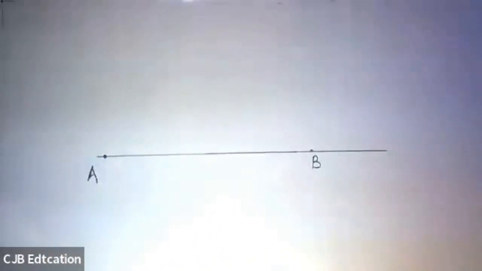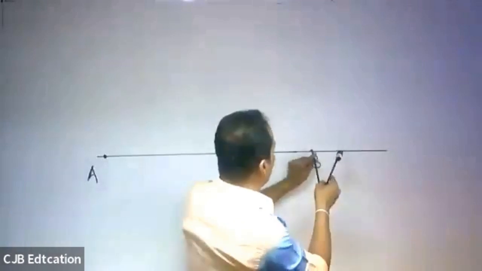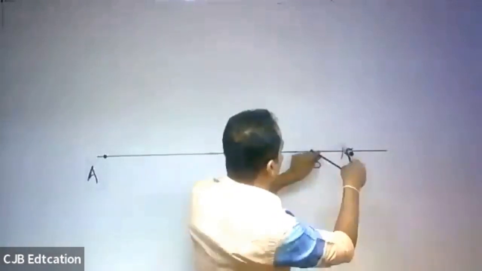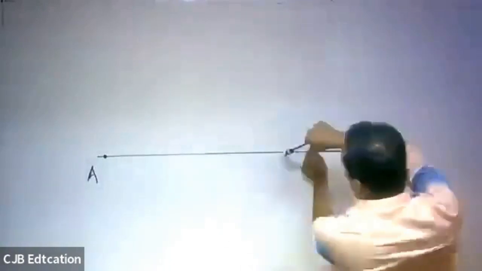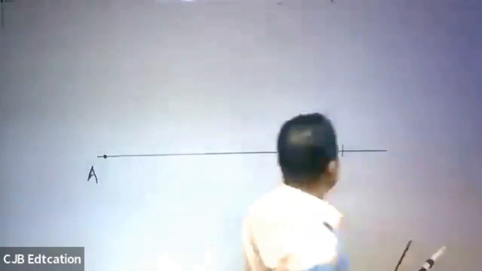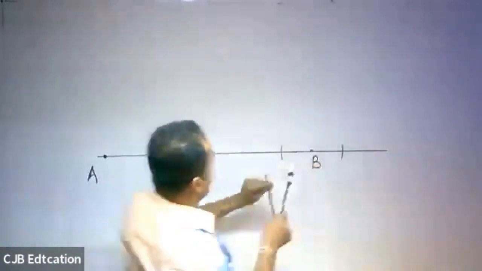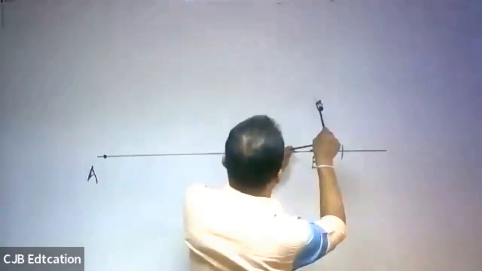And then we can take the compass, take some little distance with the compass and put the tip on the B and get an arc on the straight line and get another arc from the left side. We should take the same distance, two arcs on the AB straight line.